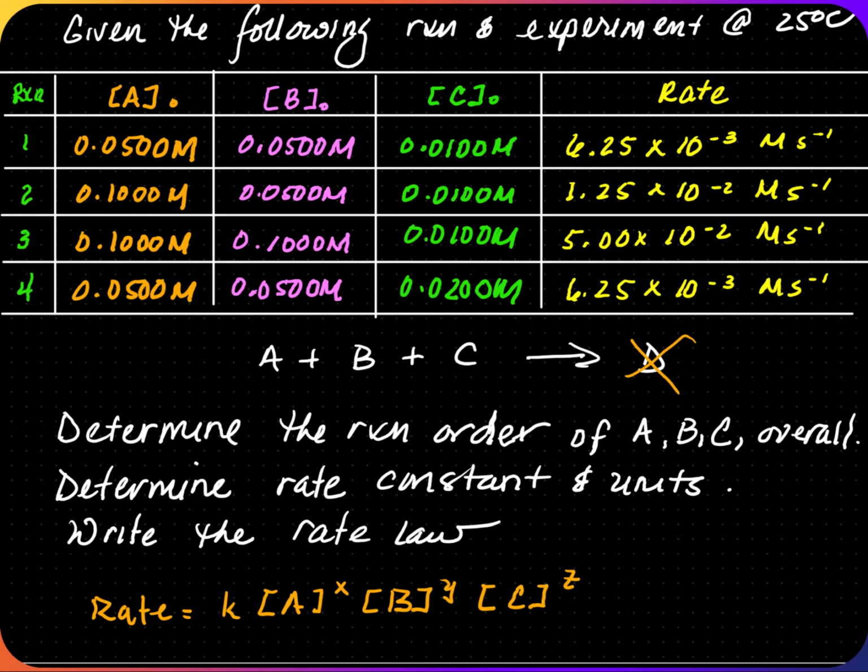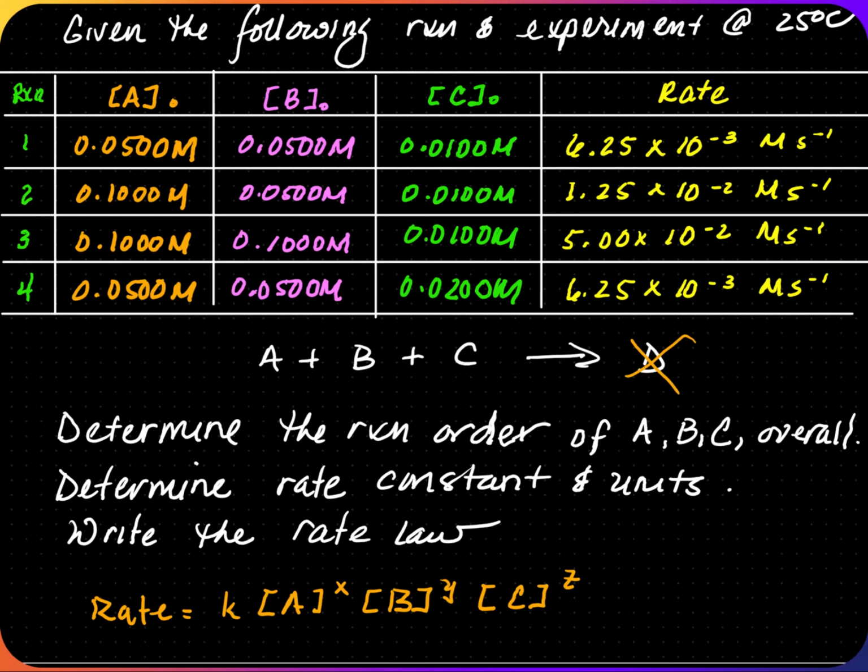After I write a generic rate equation, I need to set up my ratio. So I'm going to look at my experiment and figure out which reactions will simplify as many variables as possible. So I'm going to solve for A first. To solve for A, I know B and C must be the same concentration for the experiments that I choose.